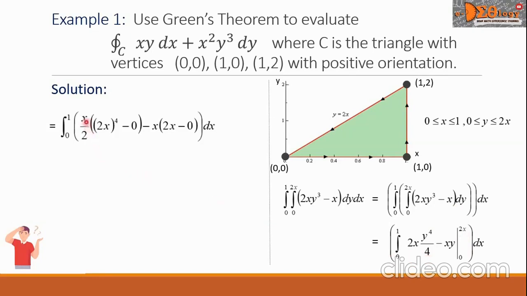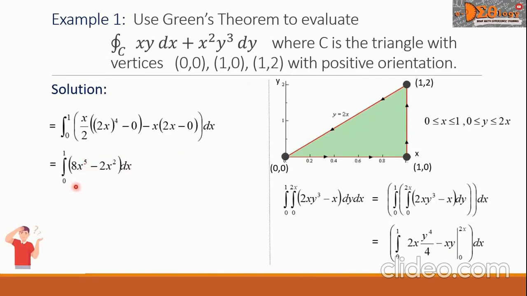So we write here x over 2 times the quantity 2x raised to power 4 minus 0 raised to power 4, which is simply 0. Minus, for the xy, it becomes x times the quantity 2x minus 0. Simplifying this further, the first group becomes 8x raised to 5 minus 2x squared.